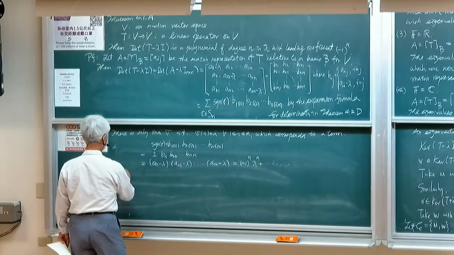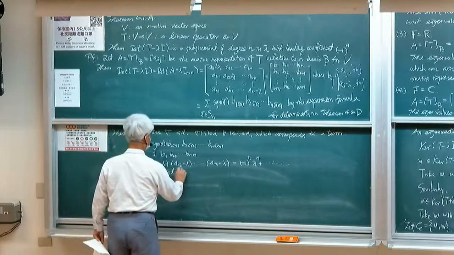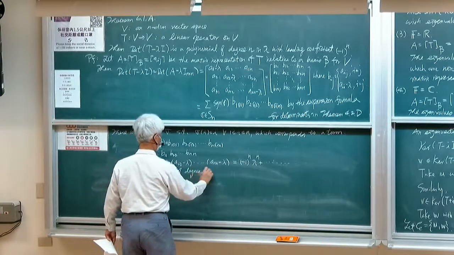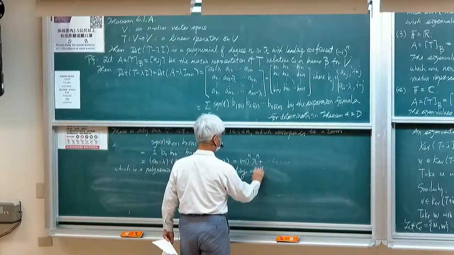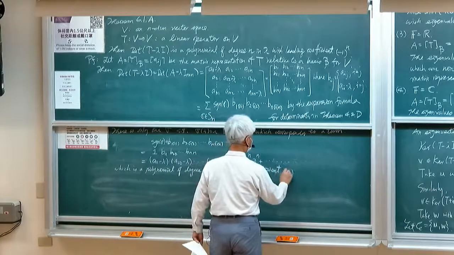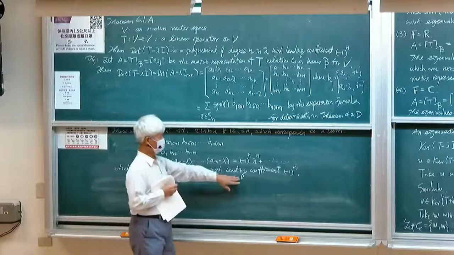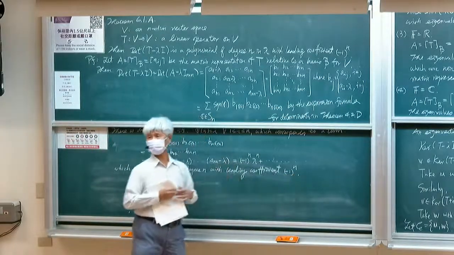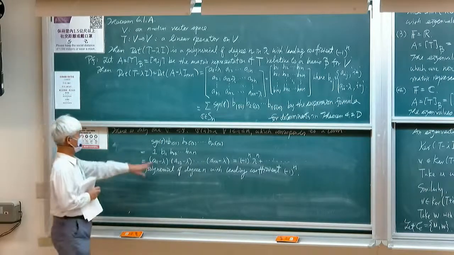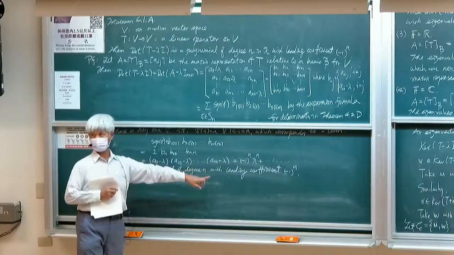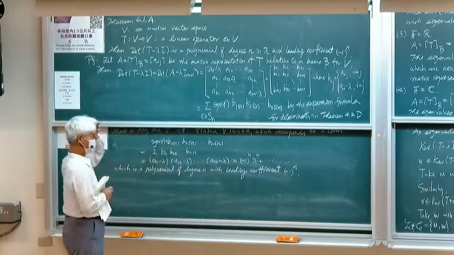So this is a polynomial of degree n with leading coefficient (minus 1) to the n's power. Is that okay? Because that is a product of linear factors. Each factor is degree 1, right?